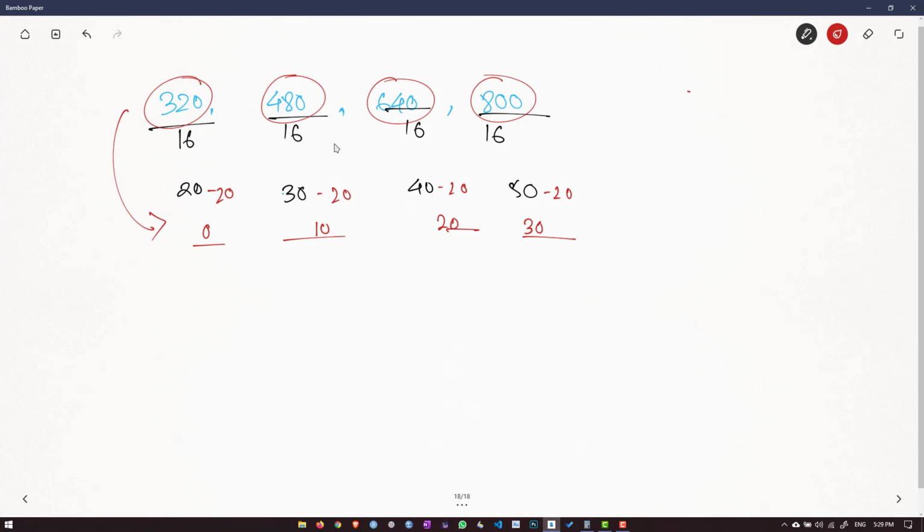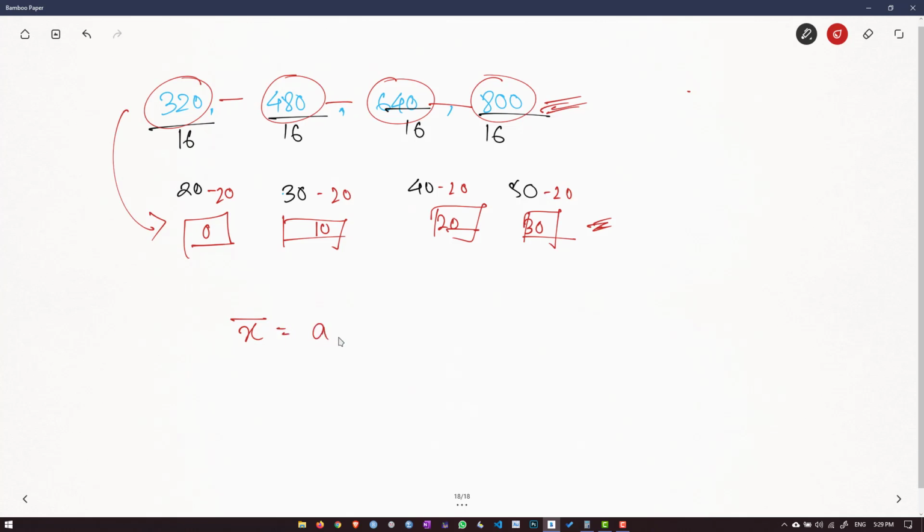Now the question is, obviously the average of these larger values and the average of these smaller values will not be the same. It is obvious that these values will have a higher average and these values will have a lower average. Then how can we comment about their average from this data set? Then comes the concept of change of origin and scale, and we are not going into the theory, but simply remember this formula.